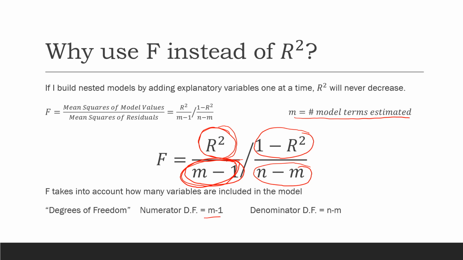Since we're talking about the number of model terms estimated, that is going to be the number of explanatory variables in the model here, because I'm going to include the intercept in M. So M minus 1 is how many explanatory variables are in that model. And then my denominator degrees of freedom, that's what I'm dividing my 1 minus R squared by. N minus M is my denominator degrees of freedom.